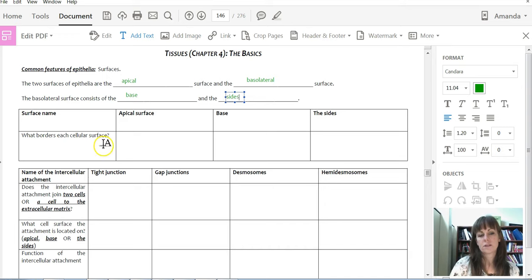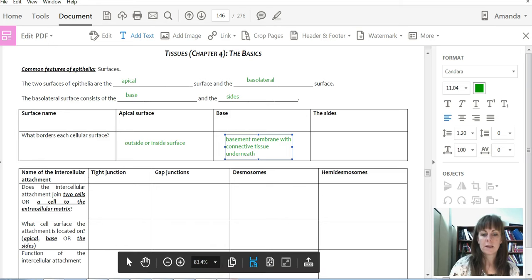And what borders each cell surface? Well, on the apical surface, what's going to border that surface is either the outside or inside surface. What borders the base is going to be the basement membrane with connective tissue underneath.